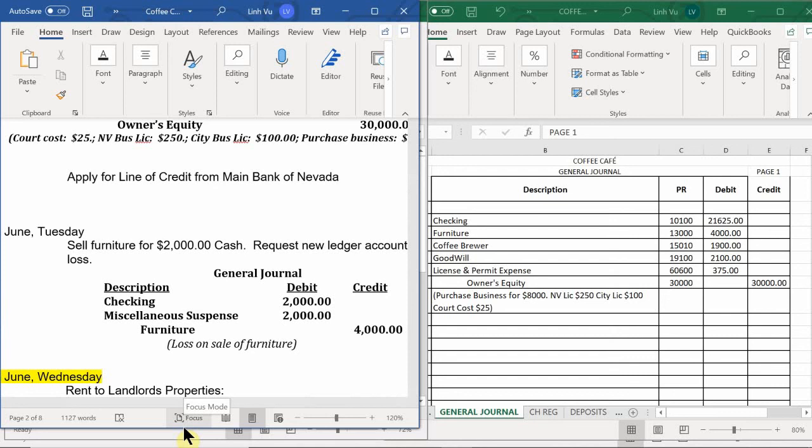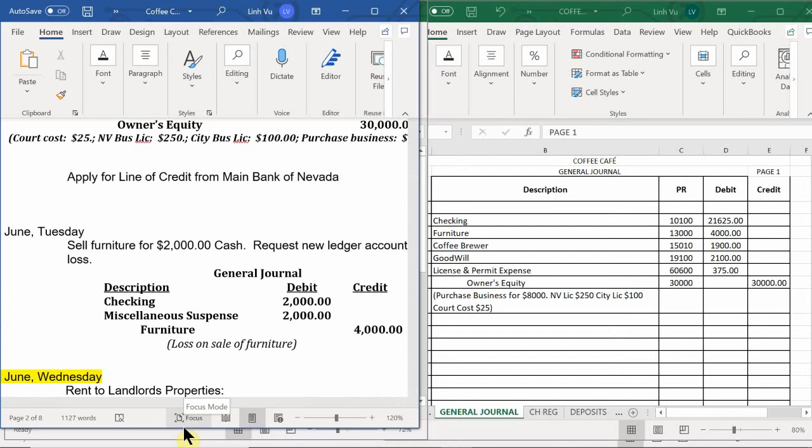So I'm going to tell you to place it into an account called miscellaneous expense. Maybe Bob will request that I create a new account so I have a place for it, but for now, go ahead and place it into miscellaneous expense.